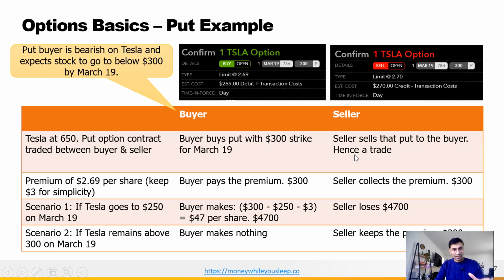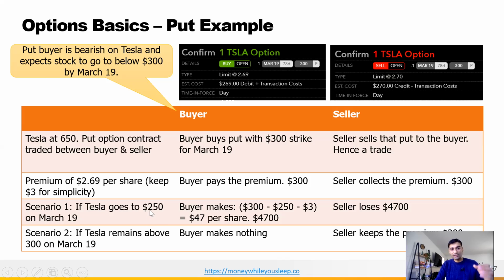Premium of $2.69 per share. For the sake of simplicity, let's keep it as $3. So the buyer is giving that premium of $300 to the seller. Make sense? Insurance company, buyer of an insurance, seller of an insurance. Scenario 1: if Tesla goes to $250 on March 19th.